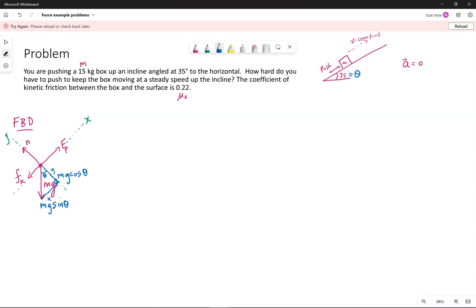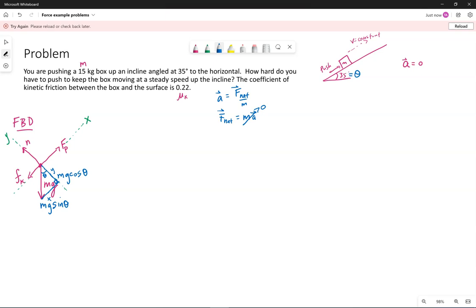All right, Newton's second law. Acceleration of an object is determined by the net force over the mass, or net force is equal to mass times acceleration. In this particular problem, we have a situation again where we have no acceleration.